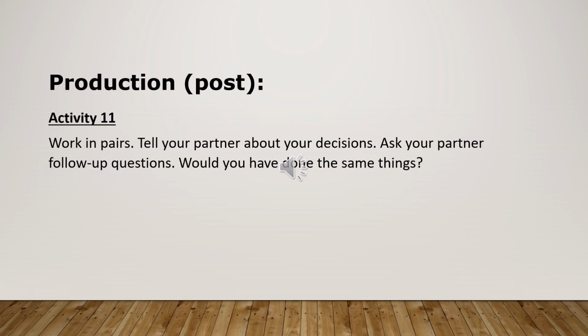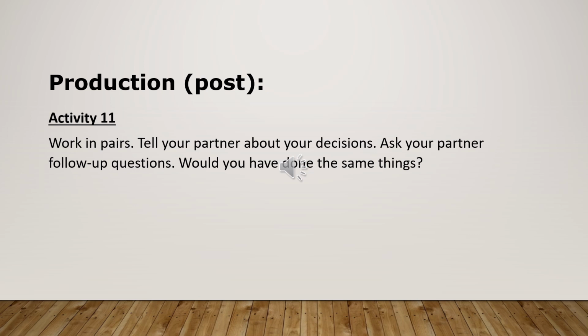Now, we have the final point for production, activity 11. Working in pairs. Tell your partner about your decisions. Ask your partner the follow-up questions. Would you have done the same things?